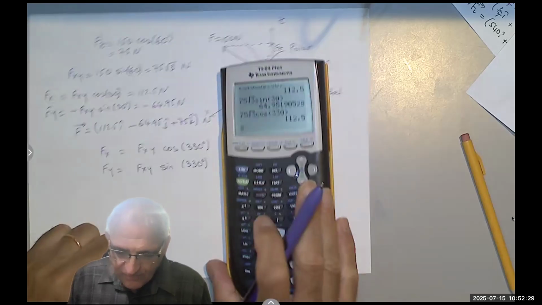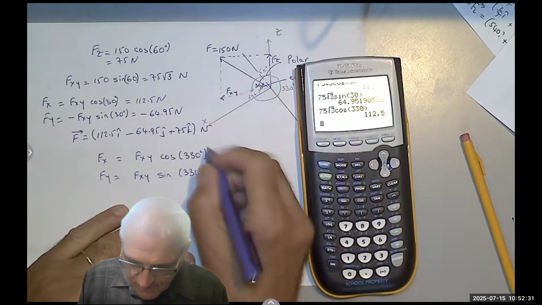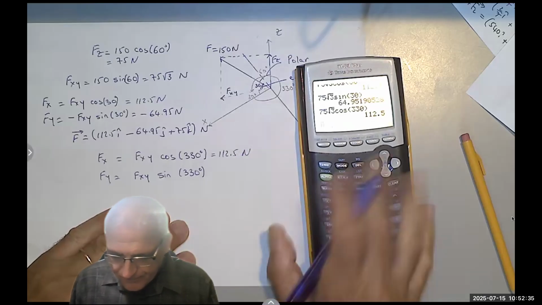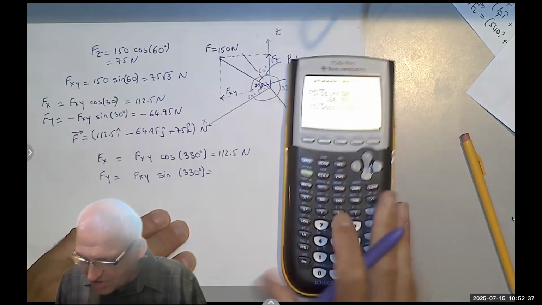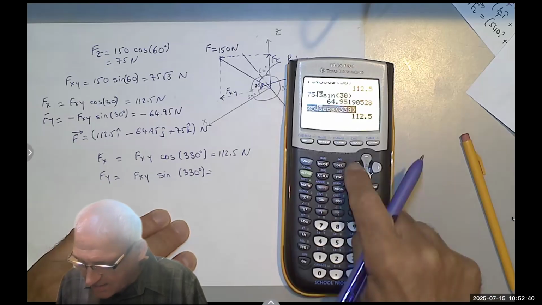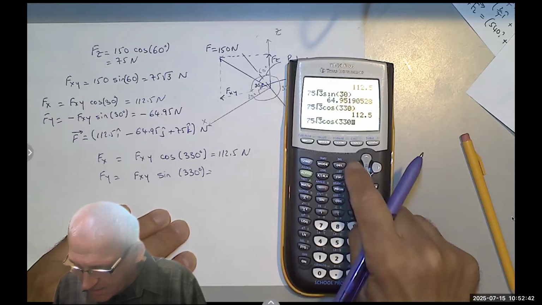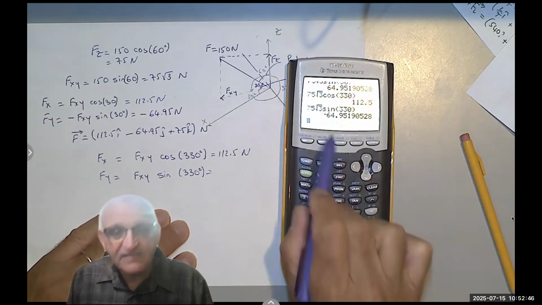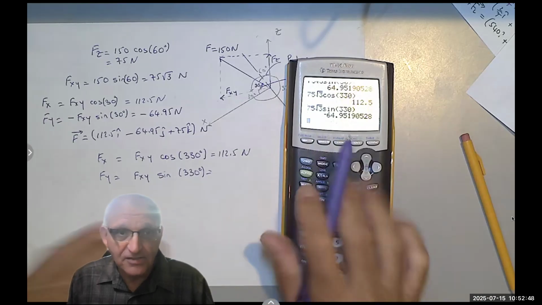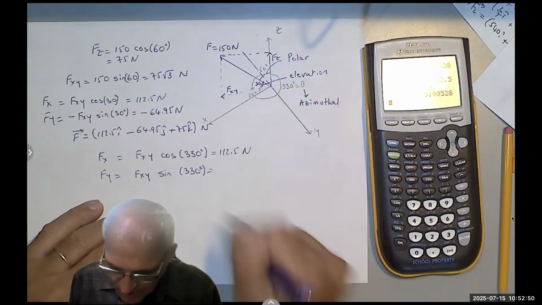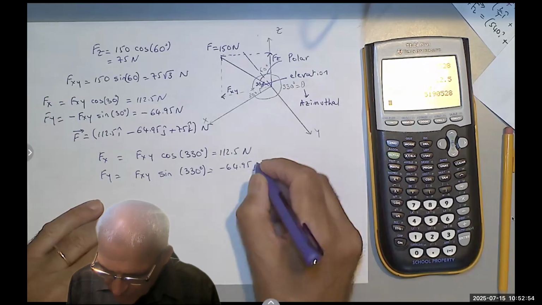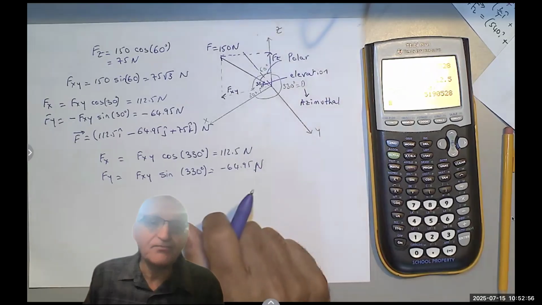Guess what? 112.5 exactly. And if you change that into sine instead of cosine, you get the negative sign. So you don't need to add it yourself. You get negative 64.95. Oh, I'm sorry, Newton. I was going to write j.